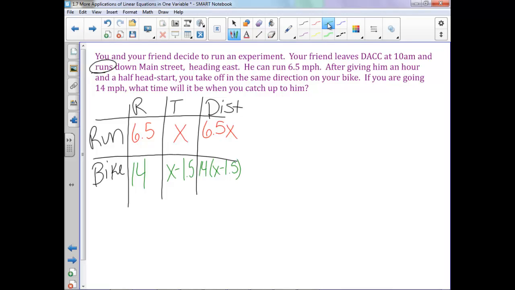And so we want to know when they're the same distance. So remember, we've got the runner going this way and then the biker going the same way. So we want to know when they've caught up to each other or when they're the same. So when they've gone the same distance, set them equal to each other.